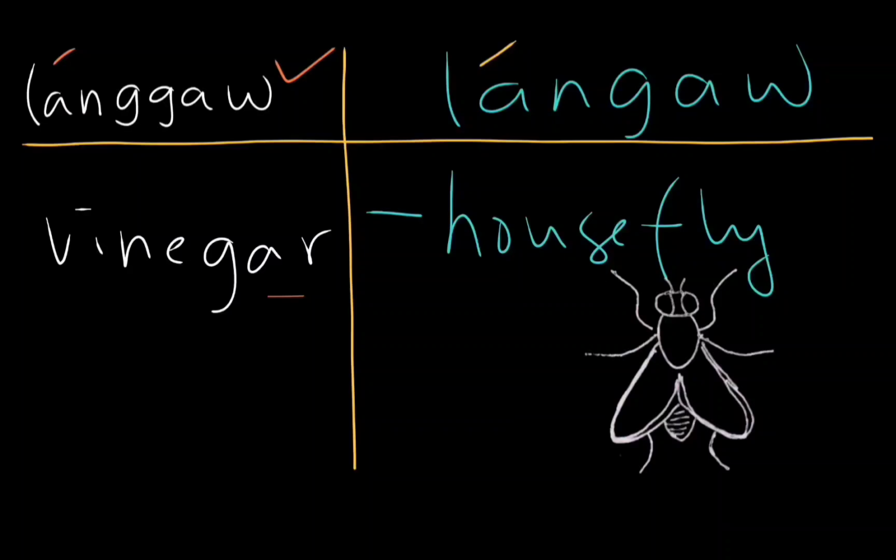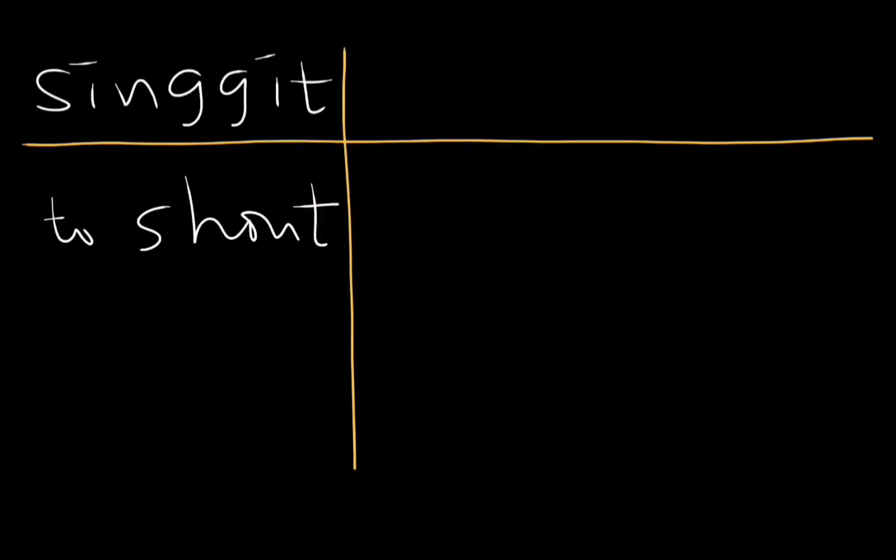Langaw, langaw. One last example we have here is singgit, meaning to shout. So if we decide to write down this word with just one G, not only do we change the meaning of the word, but the pronunciation as well.